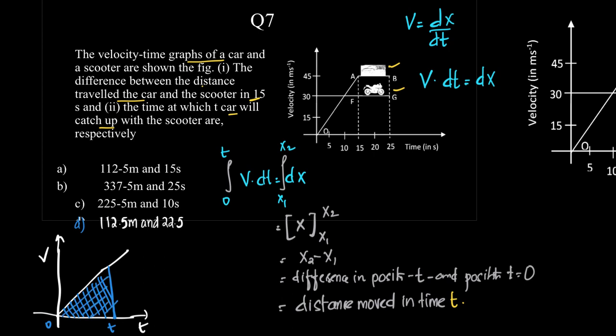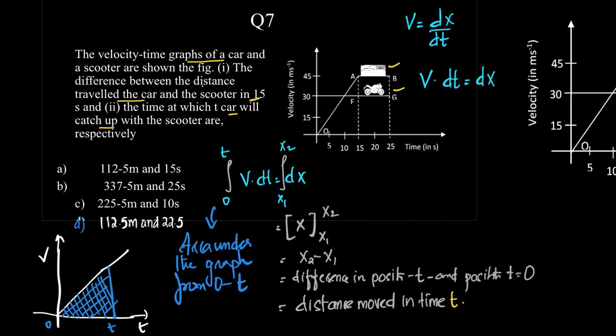Okay, from 0 to t. Now, 0 to t v dt means area under the graph from 0 to t. So the conclusion here is that area under the graph from 0 to t will give you the distance moved in time t.